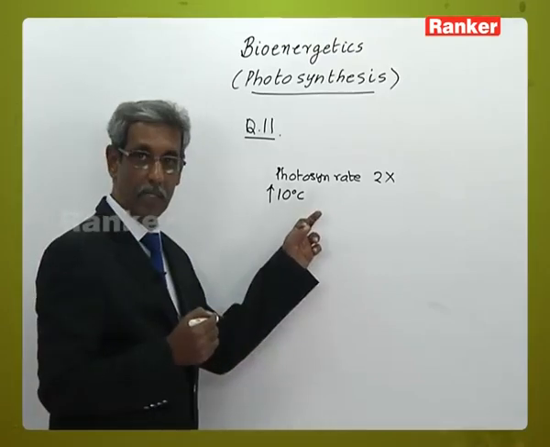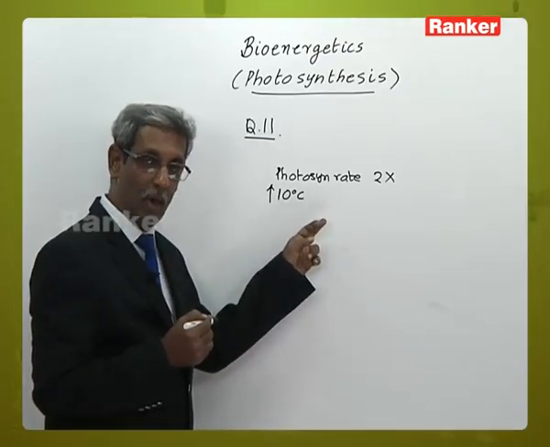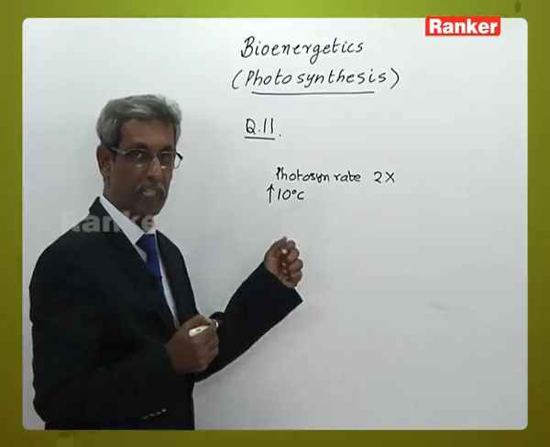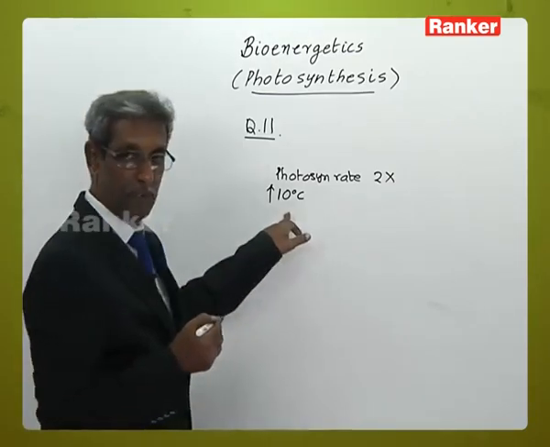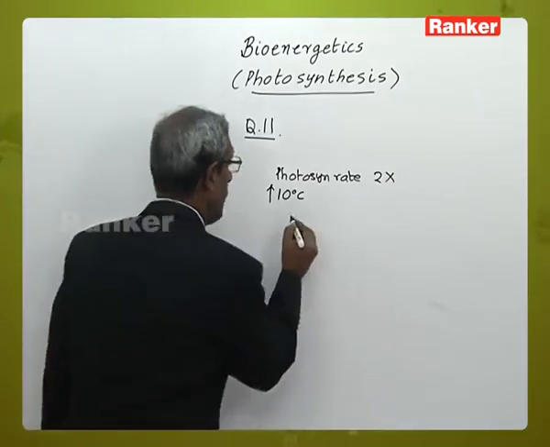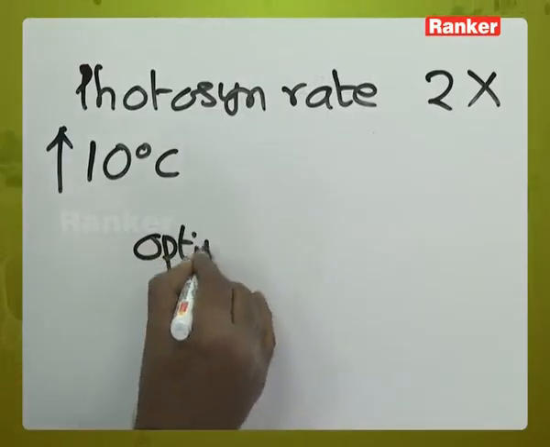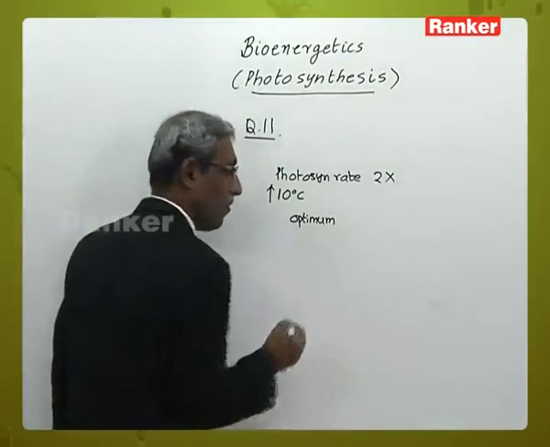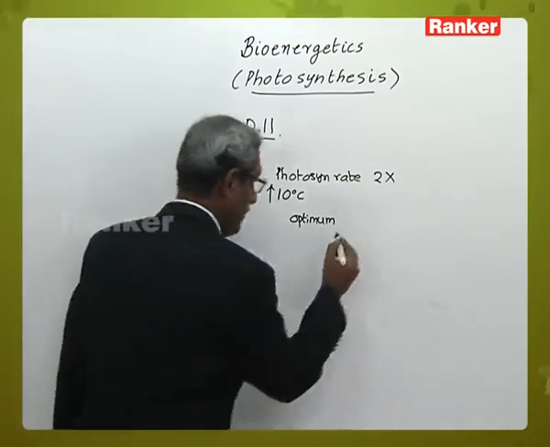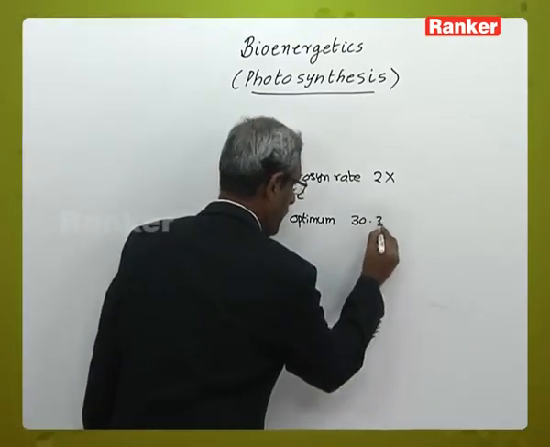Maybe this is one of the reasons why tropical plants, or plants which have higher photosynthetic efficiency like C4, show higher photosynthetic efficiency until the optimum is reached. The optimum performance of photosynthesis is normally between 30 to 35 degrees centigrade.